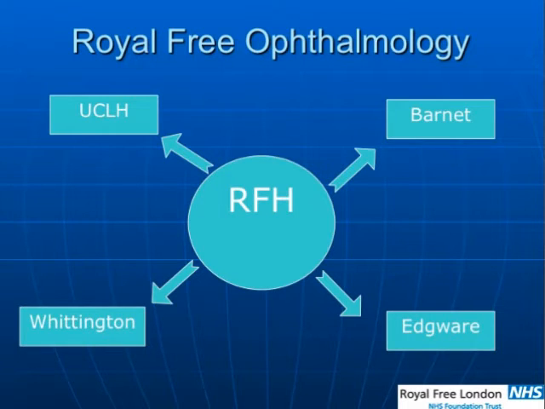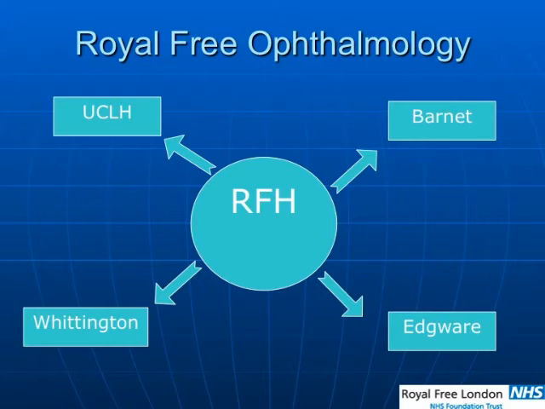Just before we start with the talk, I just wanted to introduce quickly our Royal Free Ophthalmology department. We are a bit in a hub and spoke model, with the Royal Free in the center. We are 13 ophthalmologists, consultants, and lots of support staff. We have quite a lot of specialist doctors, associate specialist doctors, and trainees.